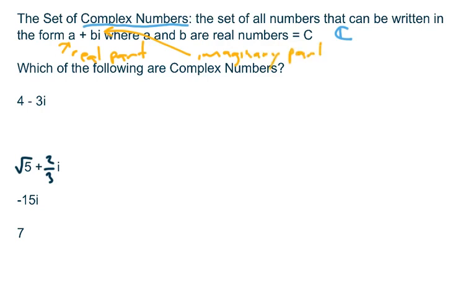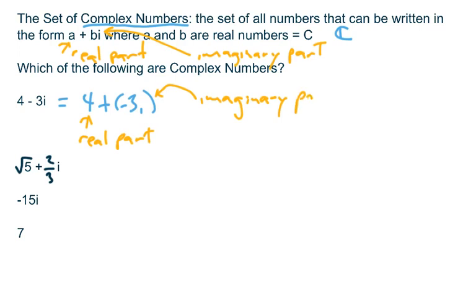So here's some examples of some complex numbers. This one fits the bill perfectly, 4 minus 3i. You might say, well, but doesn't the definition say it should be something plus something? Not really a problem there. You can rewrite this as 4 plus negative 3i, and then again there would be a real part and an imaginary part, as we've been talking about.